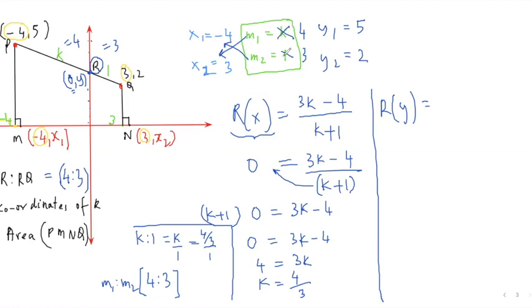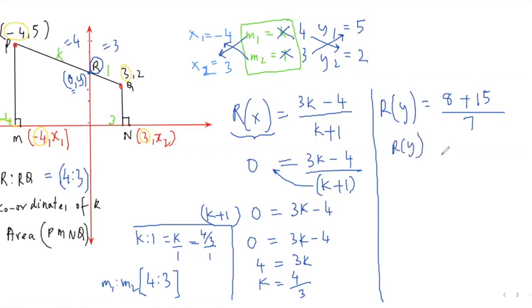Yes, sir. R of y is equal to M1 y2, that's 4 into 2, 8, plus M2 y1, that's 5 into 3, 15, divided by M1 plus M2, which is 7. Now we know that it's 7.